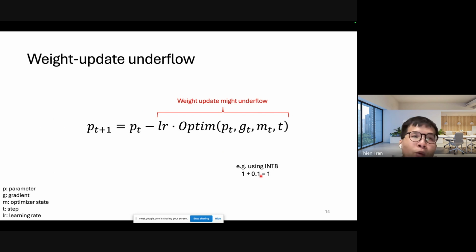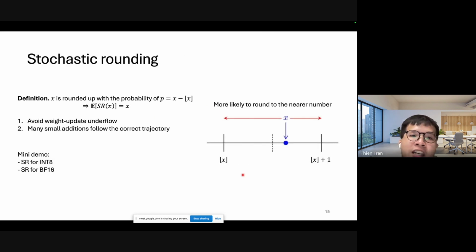Imagine we have a big network with a lot of numbers: 90% of the weights will be rounding down, and 10% will be rounding up. So the model is still going somewhere, and on average, that should be going in the correct direction.